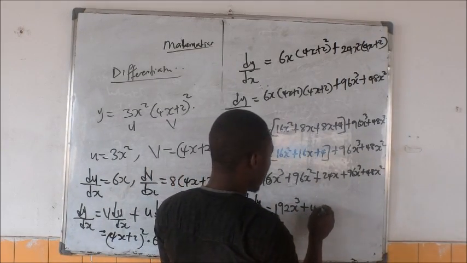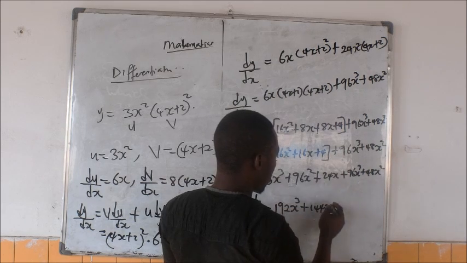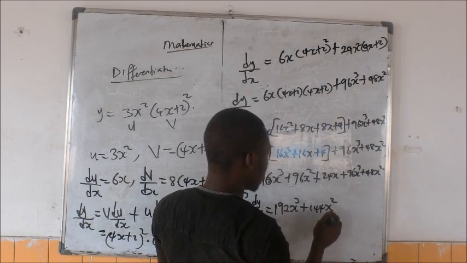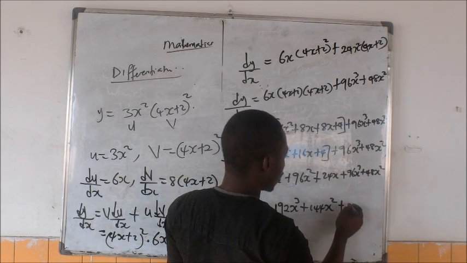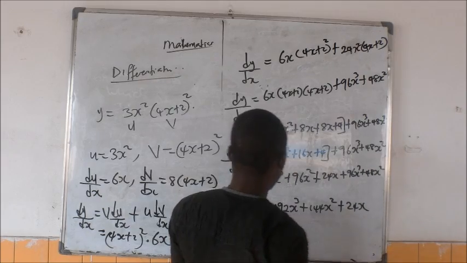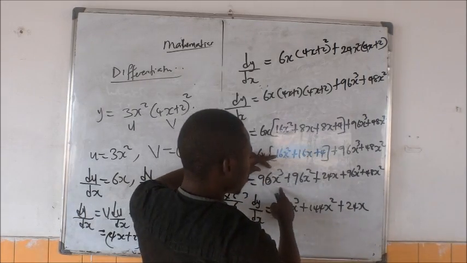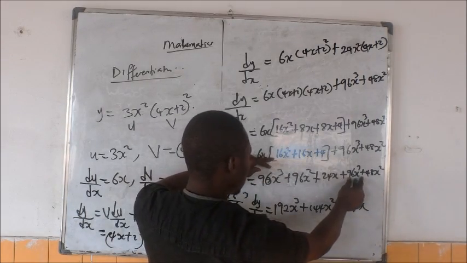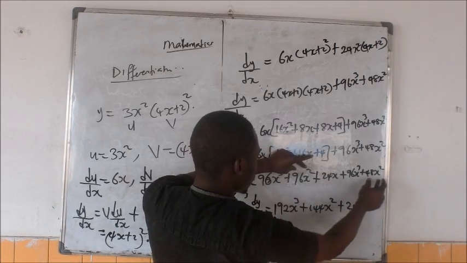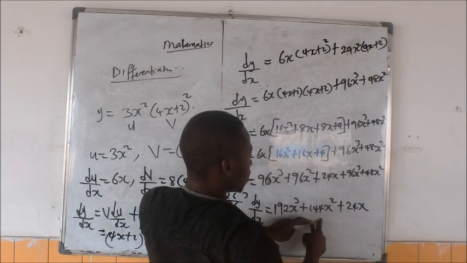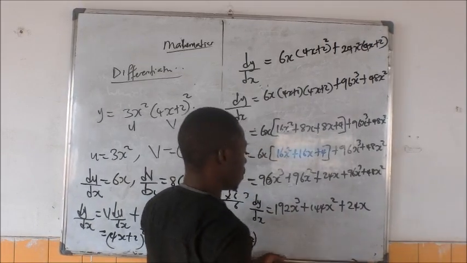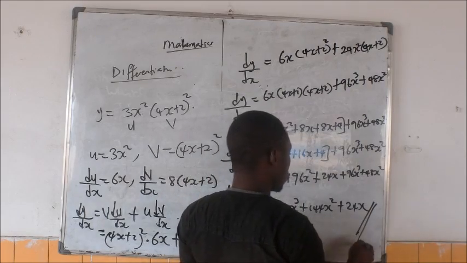That's plus 144x raised to power 2. What is left? Plus 24x. So we have done 96x cubed. This is only 96x cubed. Then we have done 96 plus 48 is giving this. And plus 24x.